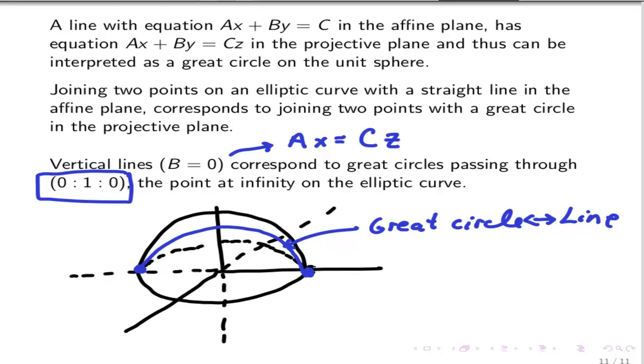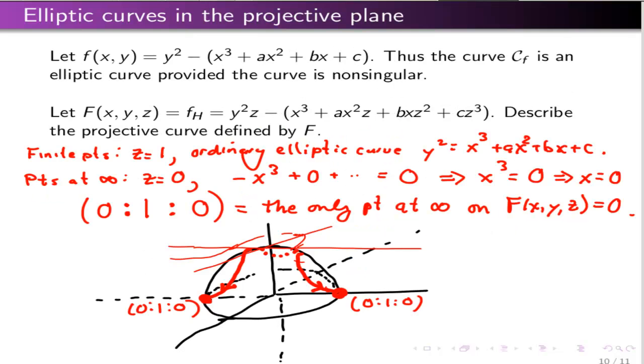So here's my point 0, 1, 0 in the projective plane. And so vertical lines are really to be thought of as great circles passing through this point. And what is that point again? Well, look at our previous slide. That is the unique point at infinity on the elliptic curve.